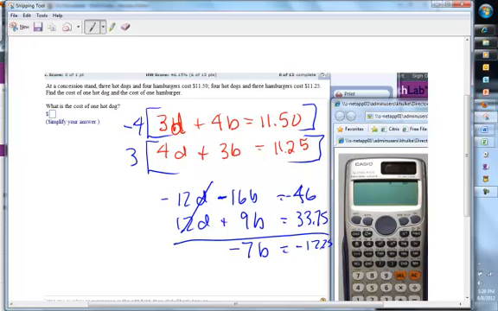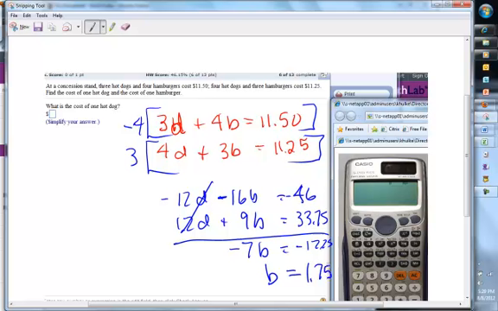Negative 46 plus 33.75 is negative 12.25, divided by 7. So a burger costs $1.75.